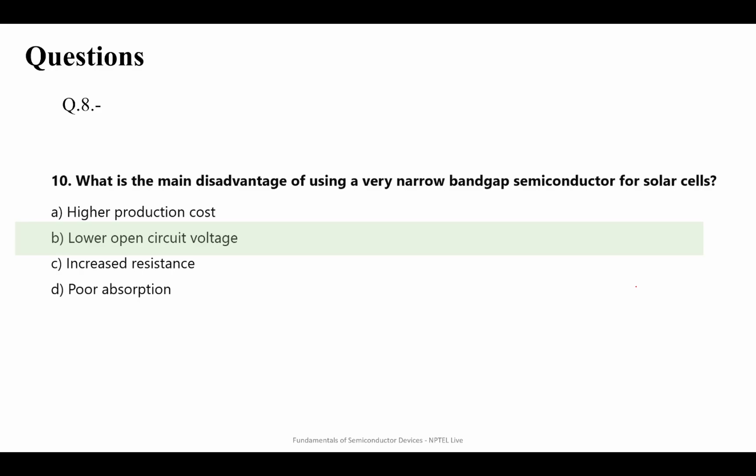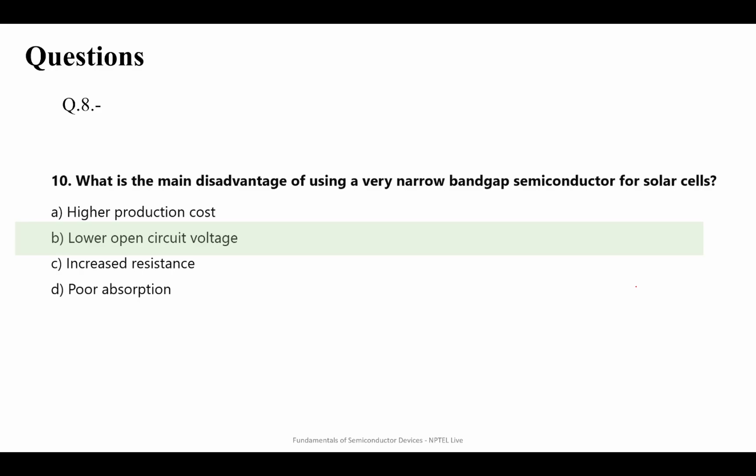That is true. Basically your circuit is open, no load is attached, or there is an infinite resistance attached so that there is no current flow. It basically means how much maximum voltage your solar cell can generate. Okay, sir.